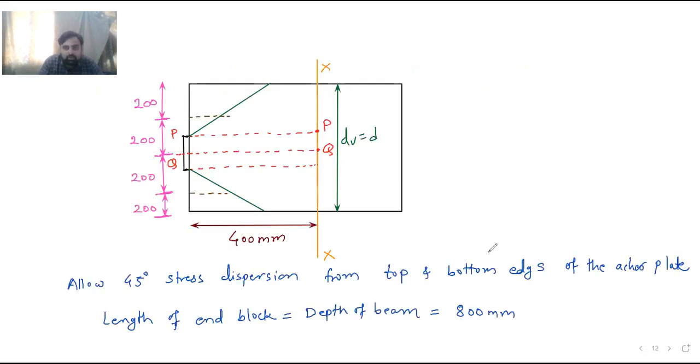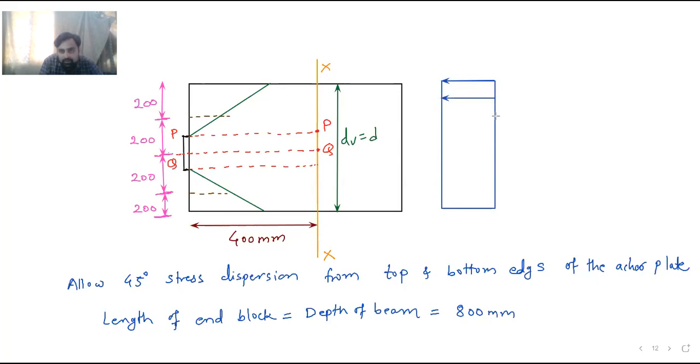So if I show here the horizontal stress, I can draw the diagram of this horizontal stress. See, this is the baseline, or you can draw the diagram like this. So here, this is the horizontal stress.